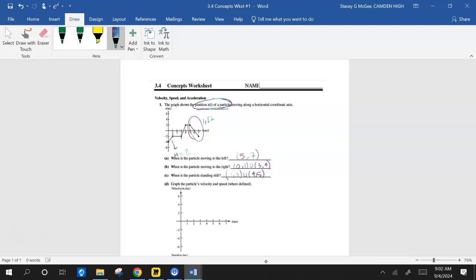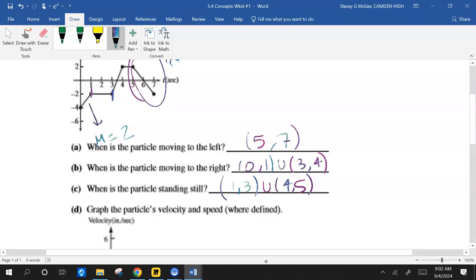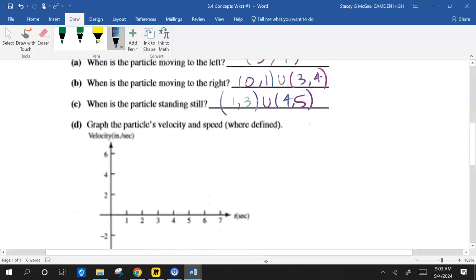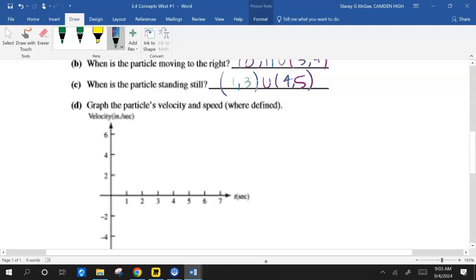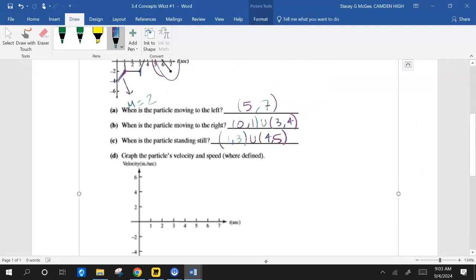That's a positive slope right there. So that means I'm at positive 2 from 0 to 1. And then my slope is 0 from 1 to 3.